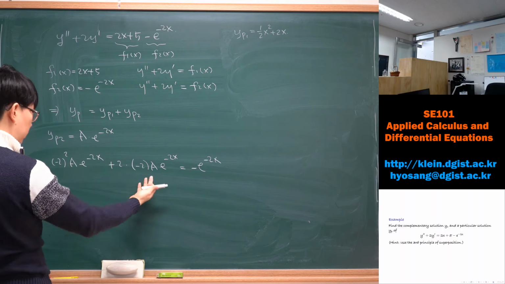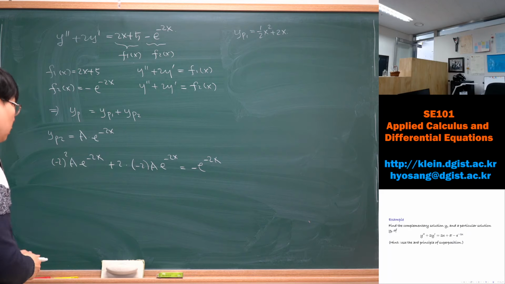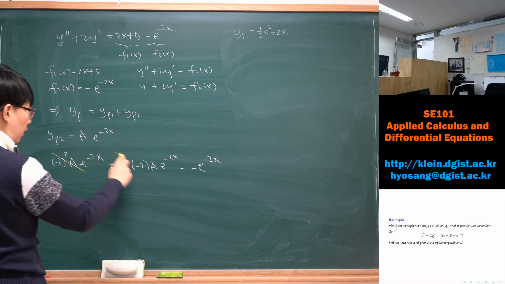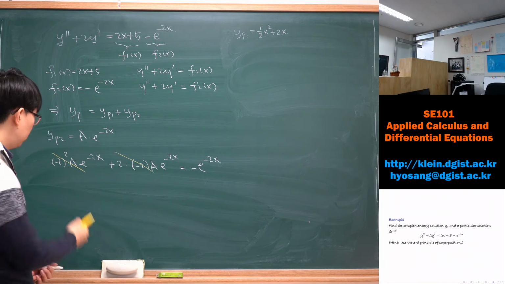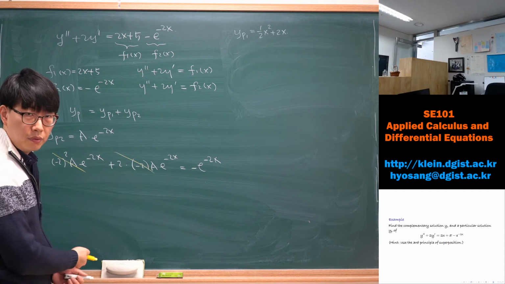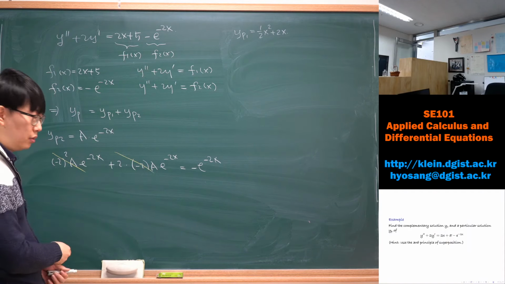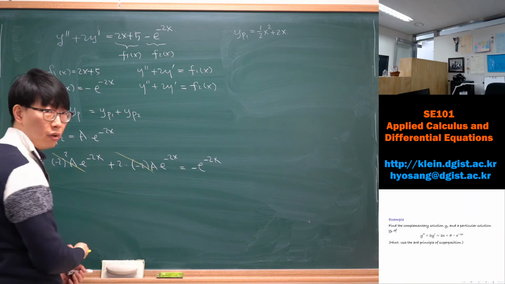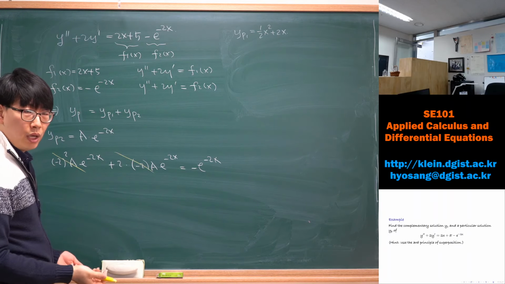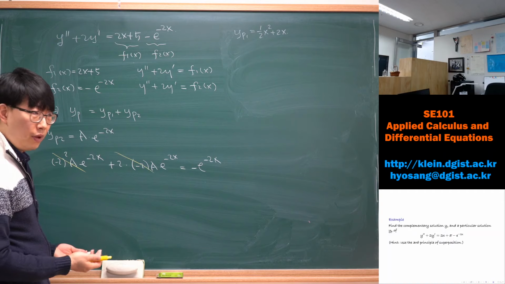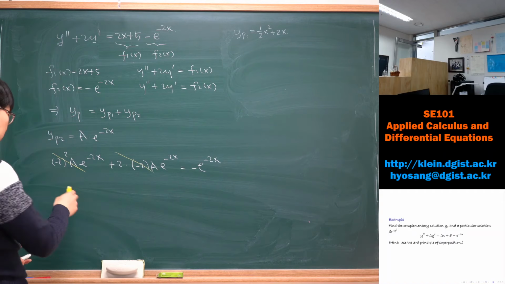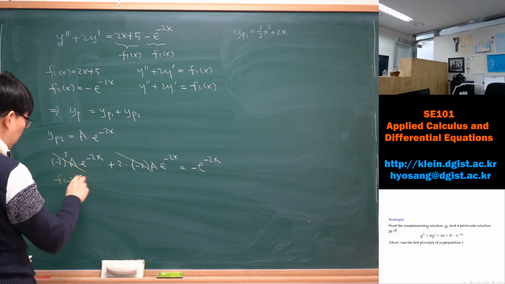Simplifying, these two cancel out: this is 4 and this is minus 4. So the left-hand side all becomes 0, and this is not a zero function. So again, what we have is a failure. It fails.